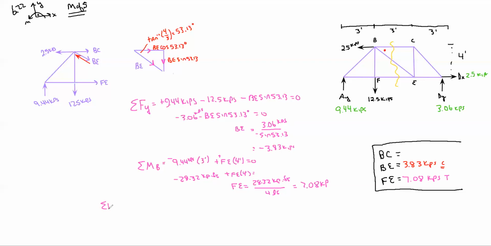So summation of the forces in the X direction. We've got the negative 2.5 kips, that external force up there at point B. We've got BC.